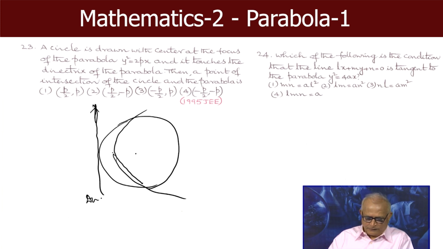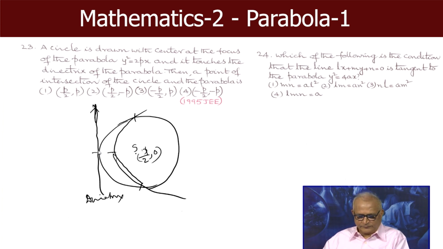The focus, what is the focus here? (p/2, 0), focus. What are these points of intersection? This is the vertex, this is the point of contact. It touches ఈ మూడు కొలిన్ అవ్వక్కర్లేదు.